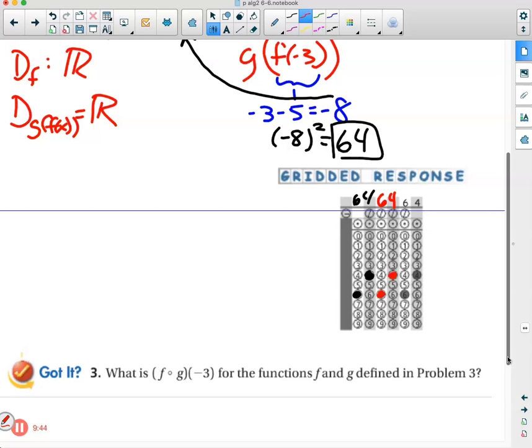The computer only reads if you start with your answer at the beginning of the left-hand side or if you finish all the way to the right-hand side. It won't read in the middle. So if you have gridded response, it's been on the test the last couple of years, just make sure you either stay all the way to the left or all the way to the right.